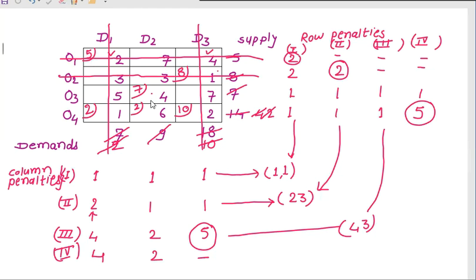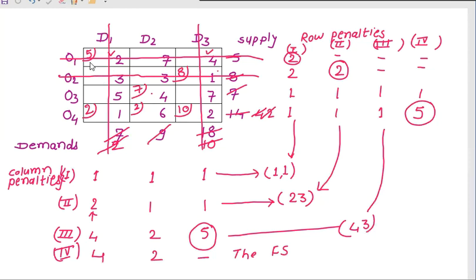And these are the positive allocations: 5, 8, 7, 2, 2, 10. So this is the solution by Vogel's approximation method. So let us write down the feasible solution, that means the solution satisfying row restrictions and column restrictions.